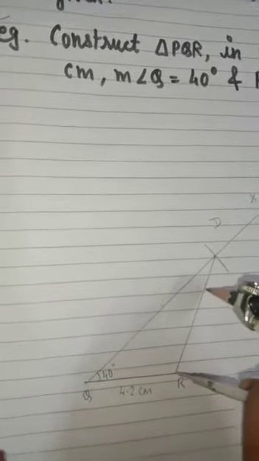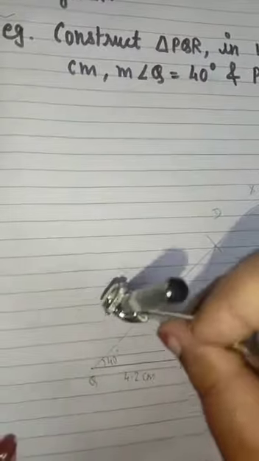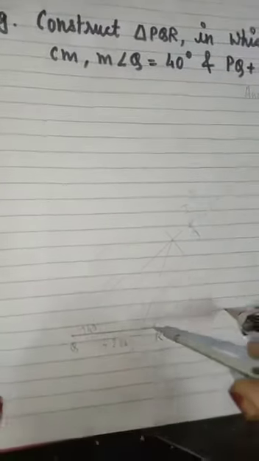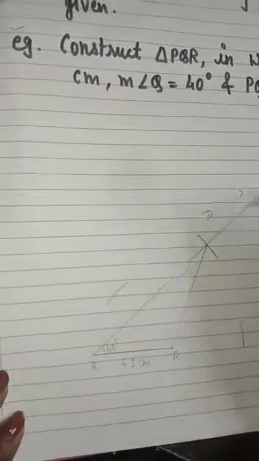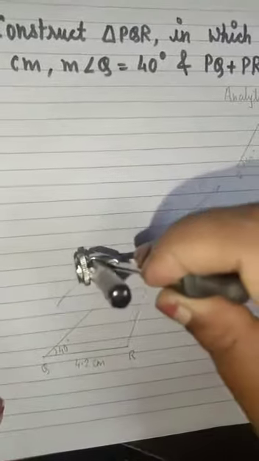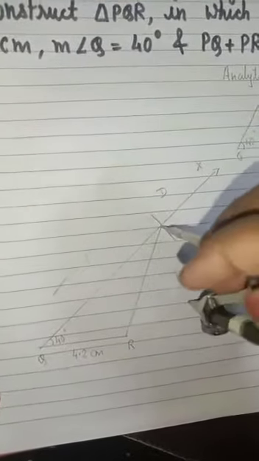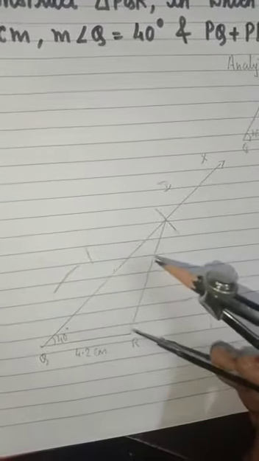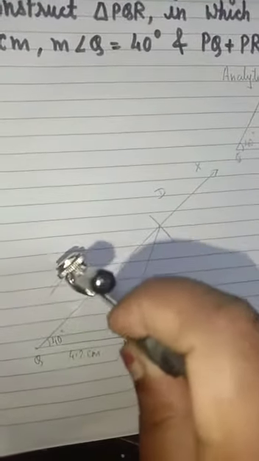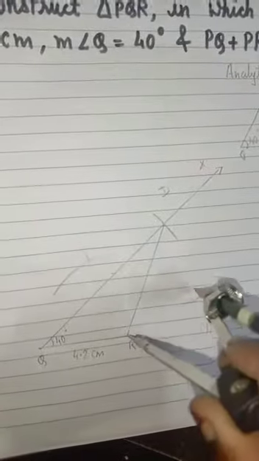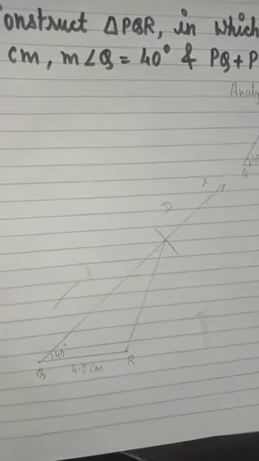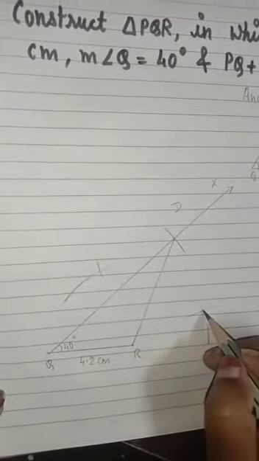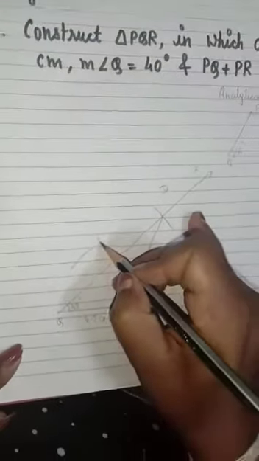We'll take more than half, draw the arc here and draw the arc here. Okay, then we'll put the still point of the compass on D. We'll keep the same distance and we'll intersect this previous arc. Now here you can see the arc is not intersecting, so we'll again keep on R and we will extend the arc. Now because of this we'll be having two points. This is the one point and this one is the another point.